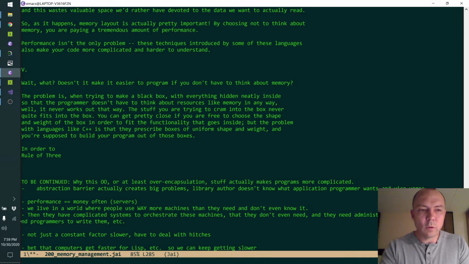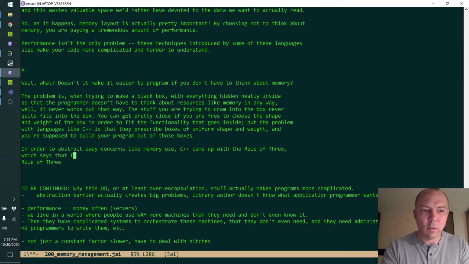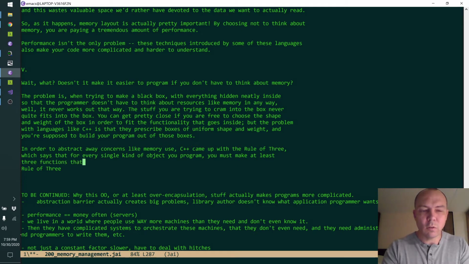In order to abstract away concerns like memory use, C++ came up with the rule of 3, which says that for every single object you make, every single kind of object you program, you must make at least 3 functions that are capable of constructing, copying, and destructing that object.